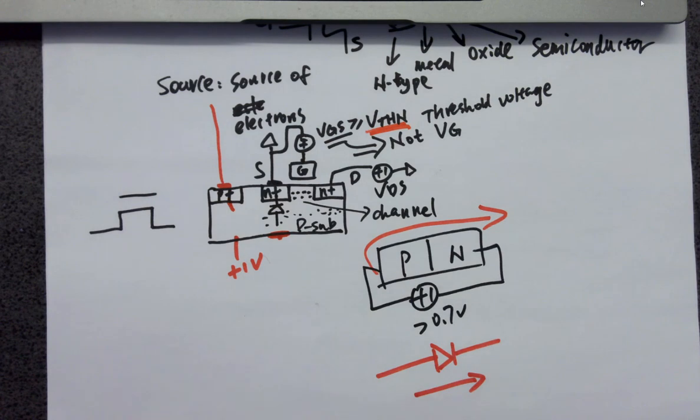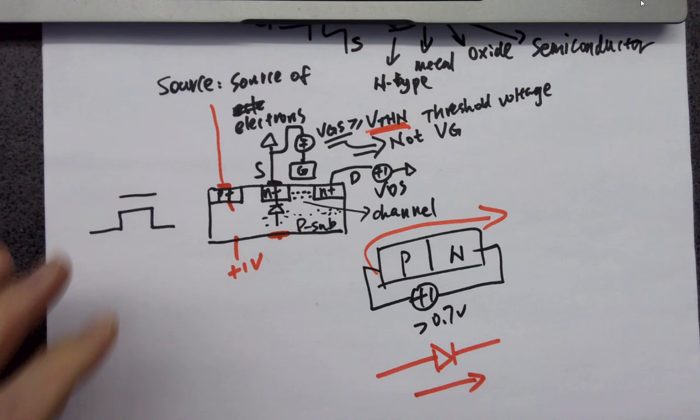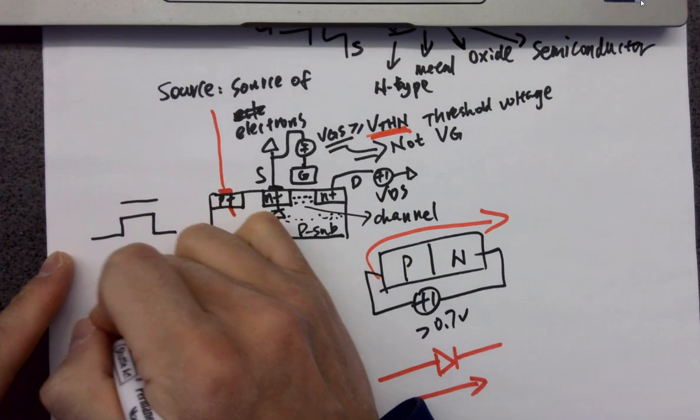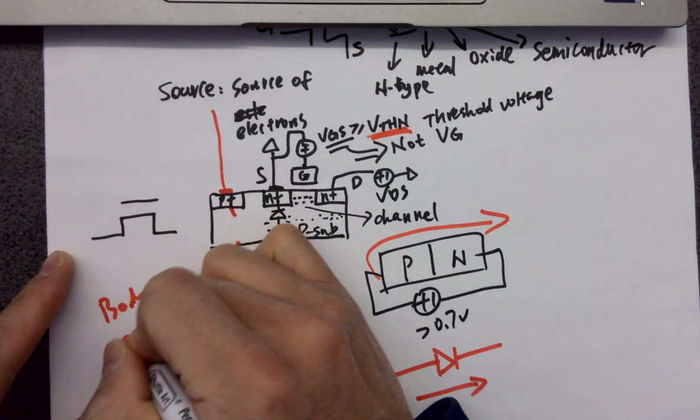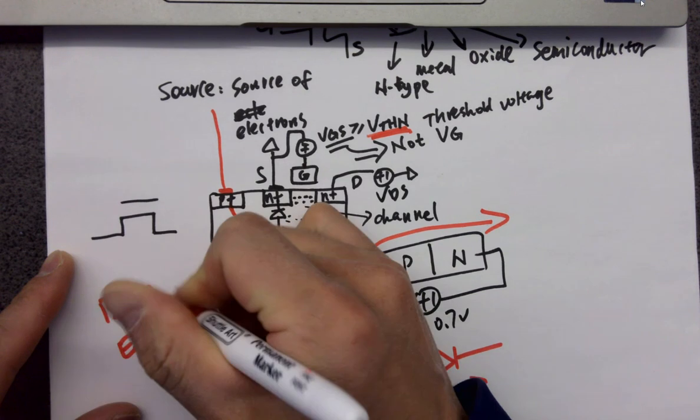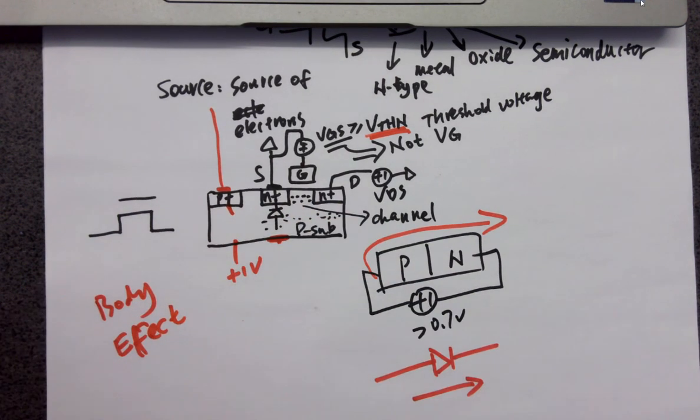And if you don't short your P-sub to ground, it results in a higher threshold voltage, and this effect is called body effect. In the interview, someone probably will ask you, hey, explain what body effect is. So how to explain that? Right, the body of the NMOS is not shorted to ground, or the lowest potential in the circuit, resulting in a higher threshold voltage, which is called body effect.